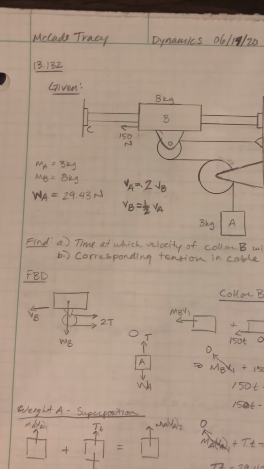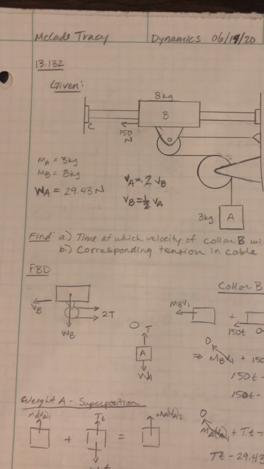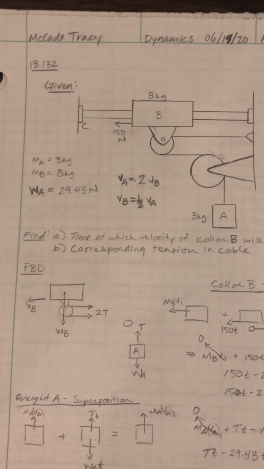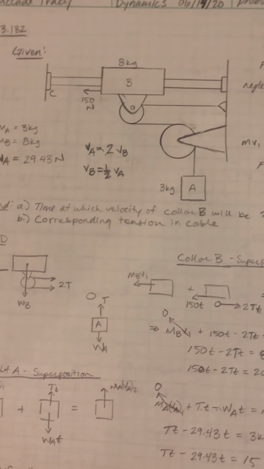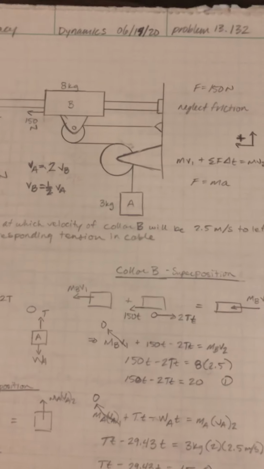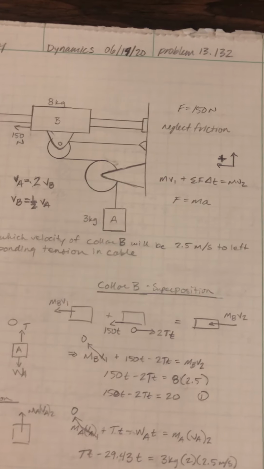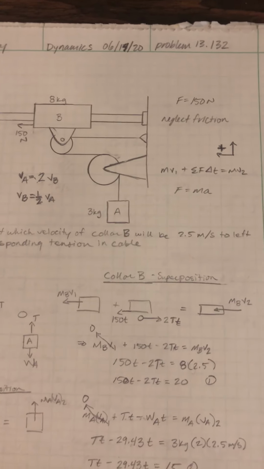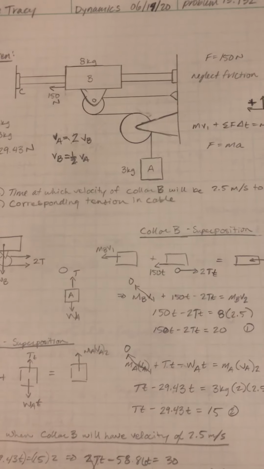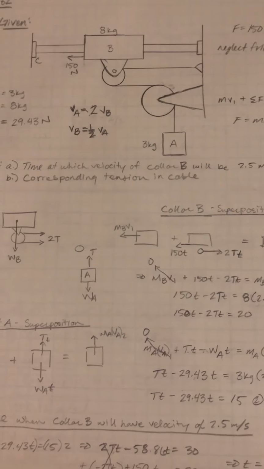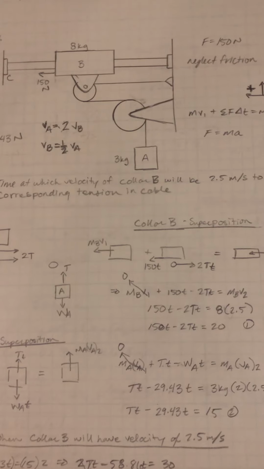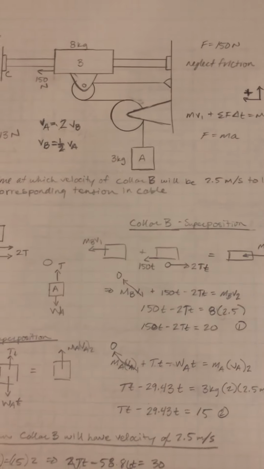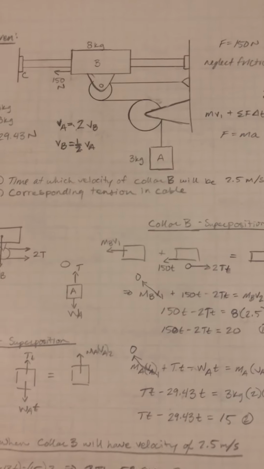Of course, we're given the different weights of the collar and the weight that is suspended. This time we're being asked to find the time at which the velocity of the collar B will be at 2.5 meters per second to the left. And from there we are asked to find the corresponding tension in the cable.